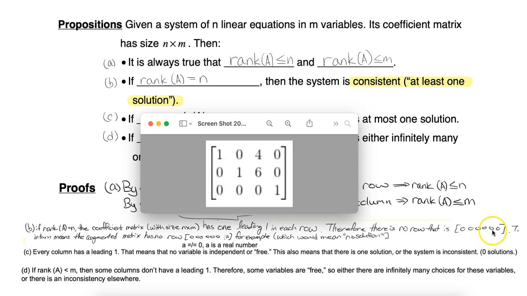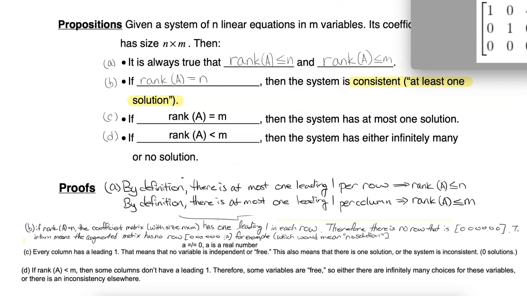Since there's no row at the bottom with only zeros, we cannot have an augmented matrix where we have 0x plus 0y plus 0z, etc. equals 7. So that means we will never have a case where there is no solution. If it's not possible to have no solution, then there's at least one solution, which is the meaning of consistent.